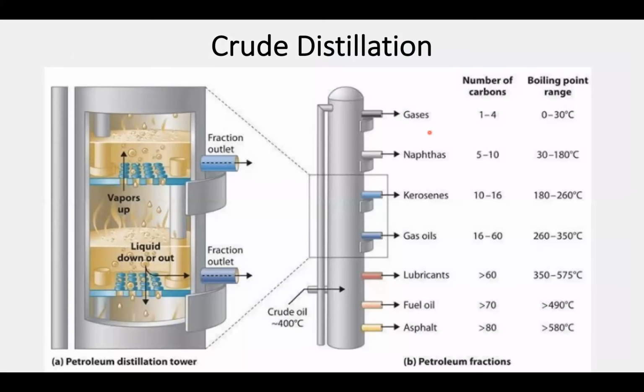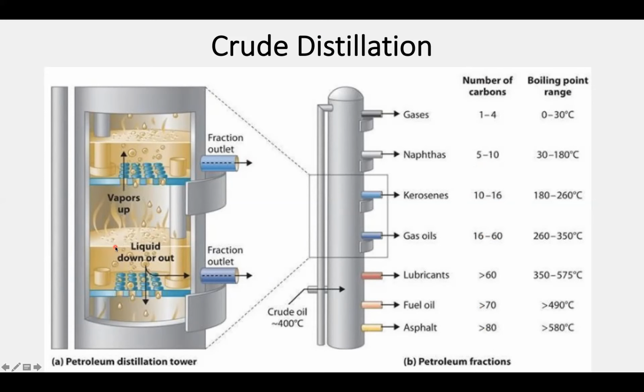So if we've got different boiling points, one of our best tools tends to be distillation. And typically what you'll make use of is fractional distillation. And you're going to separate out the species based on boiling ranges, which tends to also separate them out based on chain lengths. Gases coming off at the top, naphthas, which forms a lot of our gasoline, kerosene, which is also our jet fuels, then diesels and fuel oils, and then working our way down.